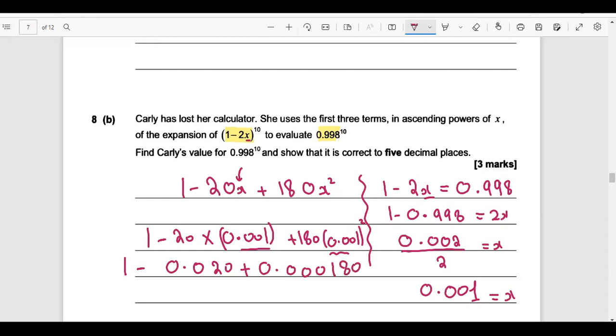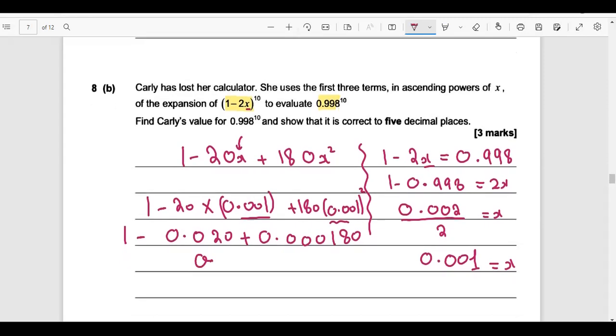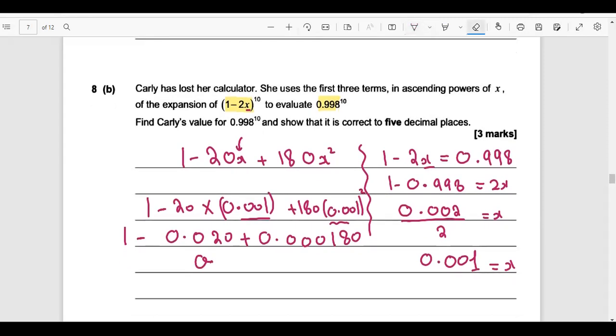Now we need to add all the values, like subtract and then add. The answer would be 0.98, we write it down here. So it would be 0.98018. This is going to be the value of this thing.